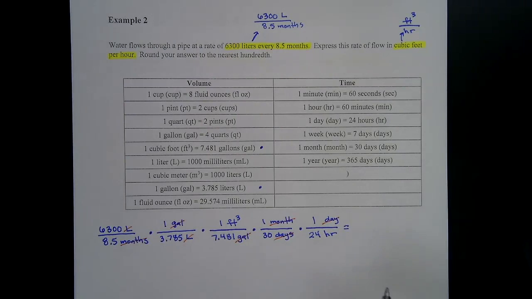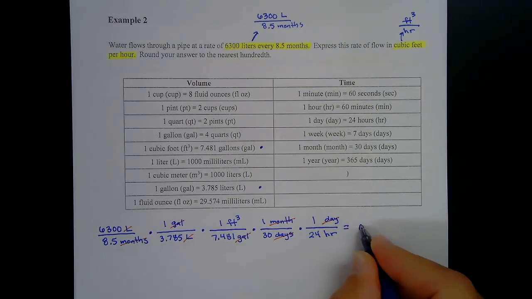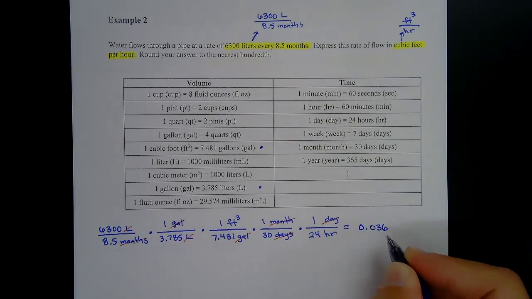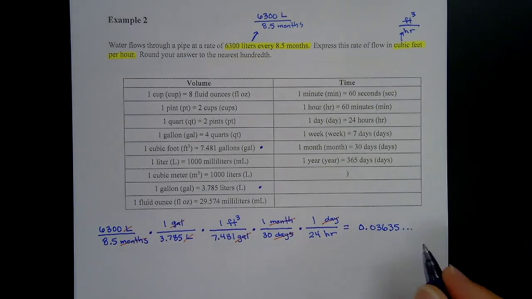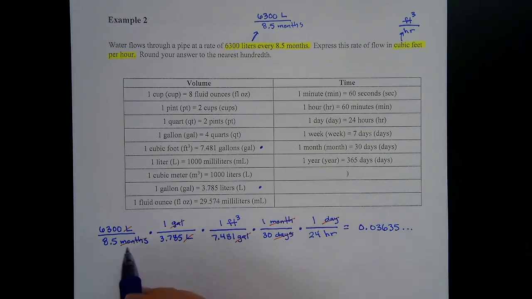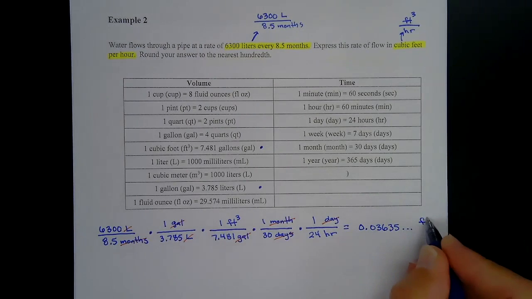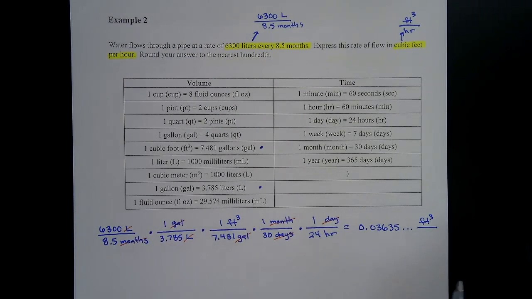Okay, so from our calculator, we got 0.03635... Okay. And what were the units on this? Well, it was cubic feet over, and the denominator is hours. Okay, so that's the units on it, and so it's the correct units for hours. Now, again, I asked you to round to the nearest hundredth. Hundredth is 2 decimal places, okay?